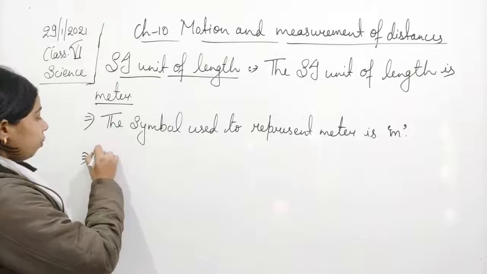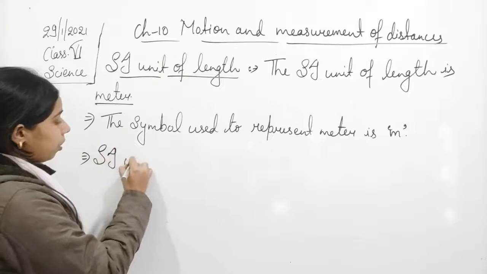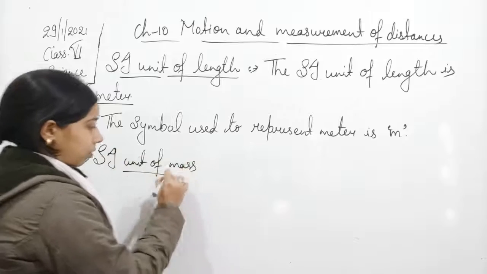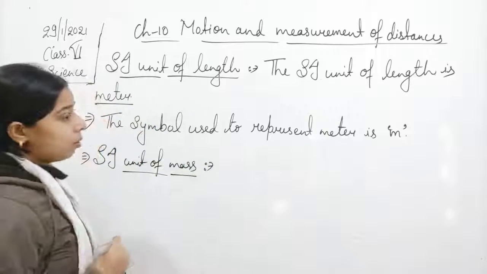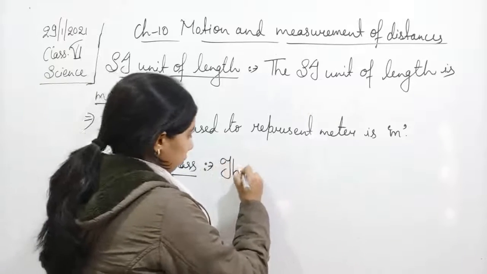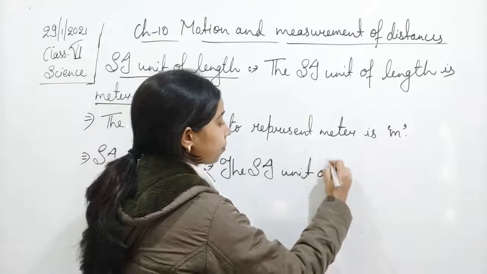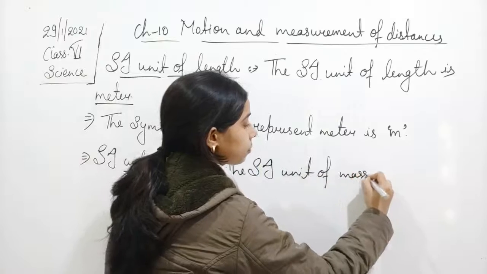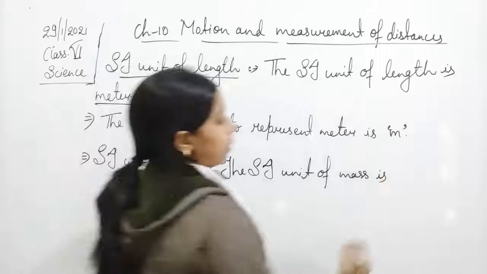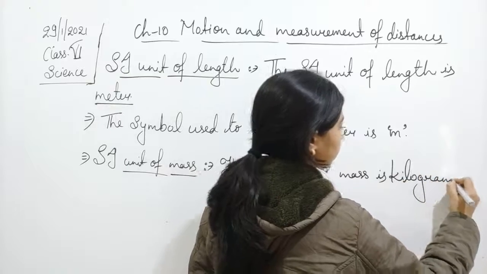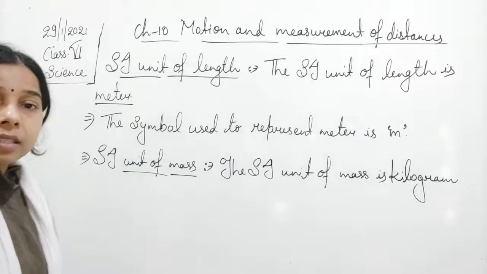If we want to know the SI unit of mass, the SI unit of mass is kilogram. That is known as a kilogram.